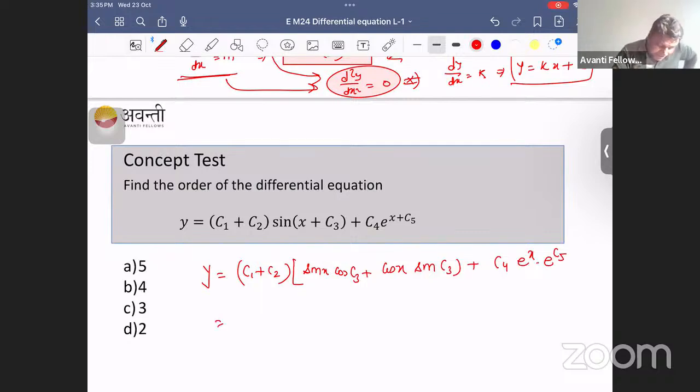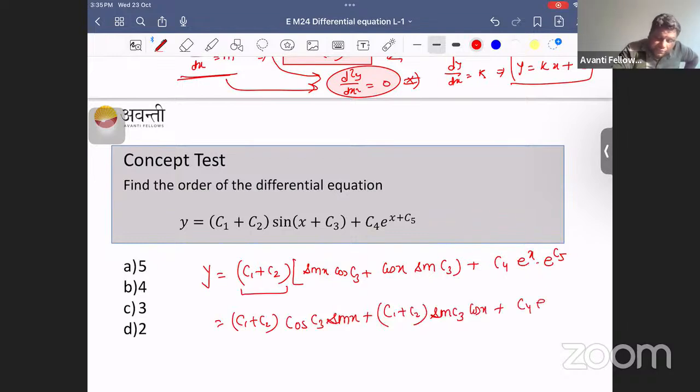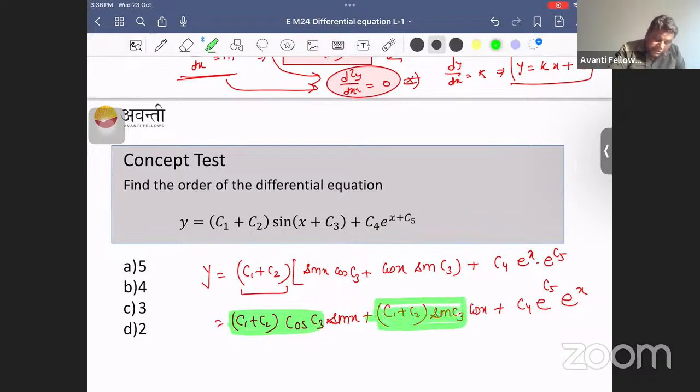Now see this c1 plus c2 multiplied. So c1 plus c2 cos c3 times sin x, c1 plus c2 sin c3 times cos x, c4 e to the power c5 into e to the power x. Now I can combine these three constants all together, and I can combine these three also.